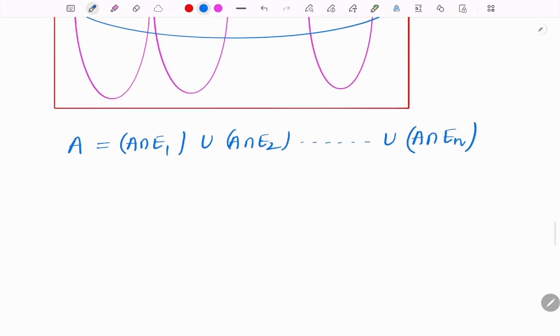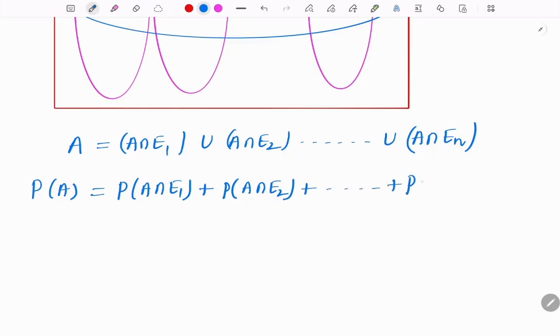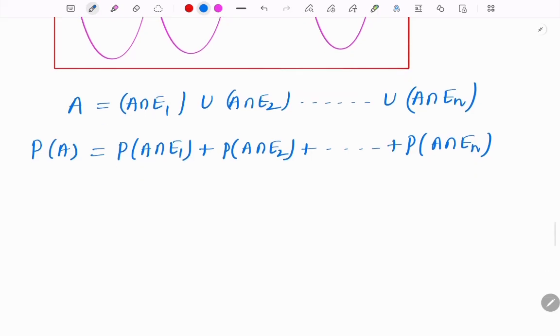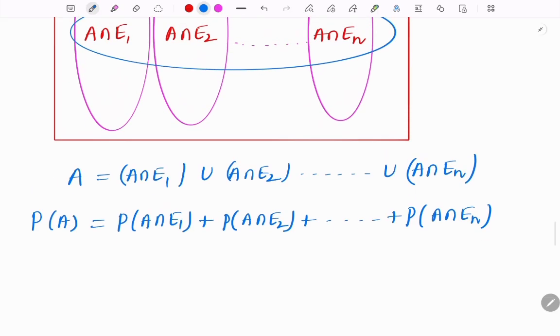Now, taking probability on both sides, P of A equals P of A intersection E1 plus P of A intersection E2 plus and so on, plus P of A intersection En. You know very well that whenever we apply probability, the union goes to plus. Clear?